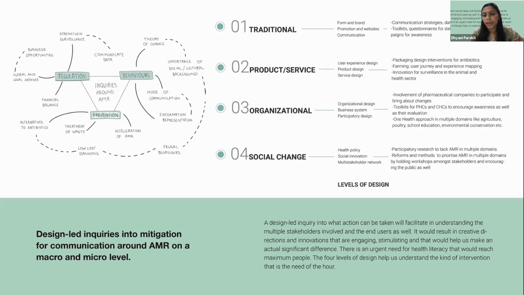Then there's organizational change. It's basically to understand how we change our organization structure so that it decelerates AMR. And then finally there is social change, where you involve all the stakeholders. It is more of a participatory research approach to tackle AMR. It is a very well-rounded solution, and it is the solution that will take the longest.